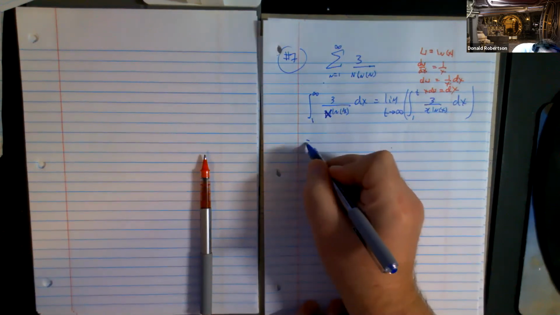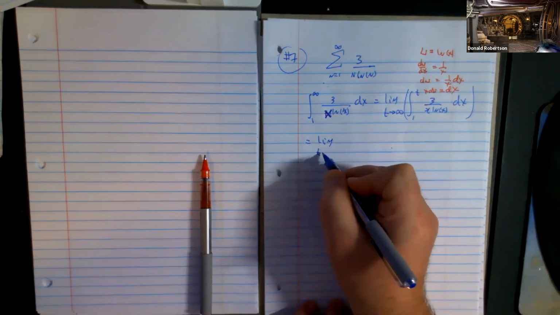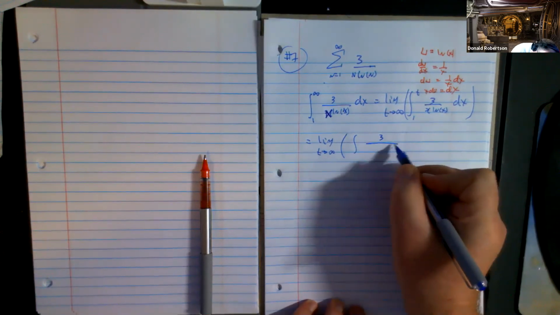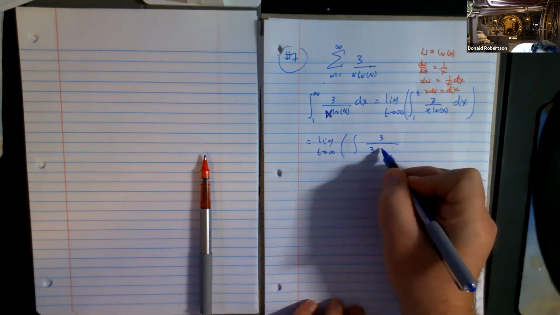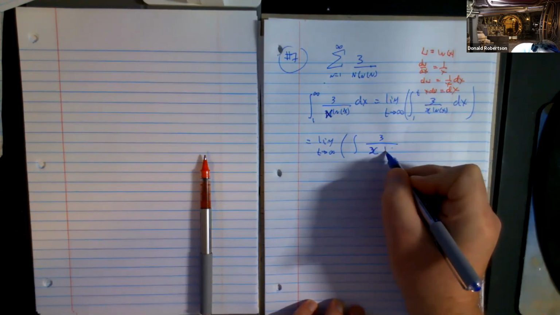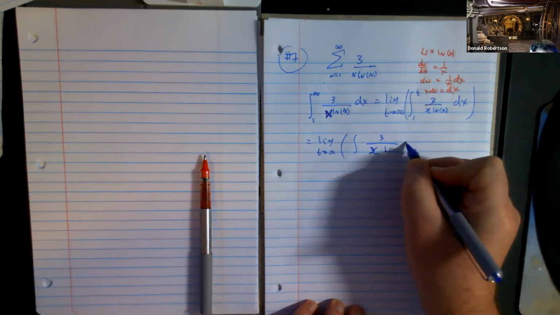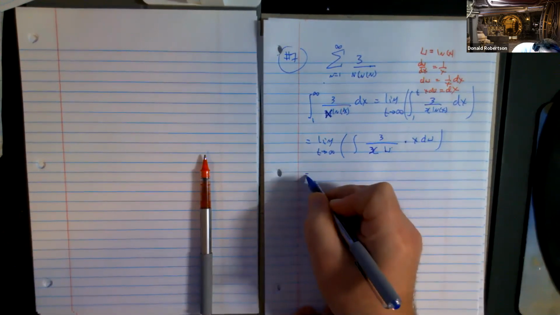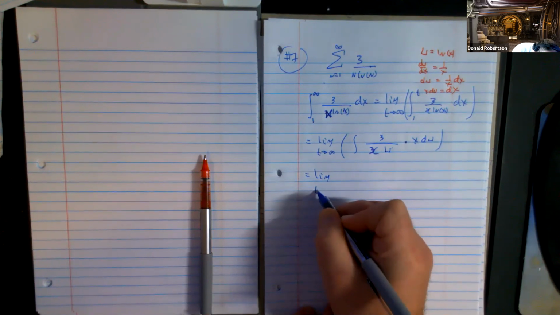So we now get the limit as t tends to infinity of 3 over x times u times x du.